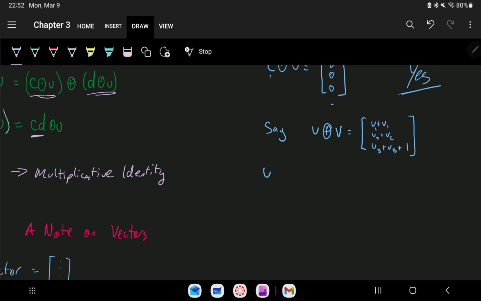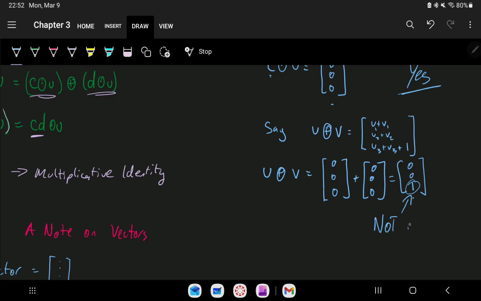Well, now, if we do u plus v, that is actually going to give us 0, 0. Now we have this plus 1 here, so that last cell is going to be 1. This is not in this potential space, right?